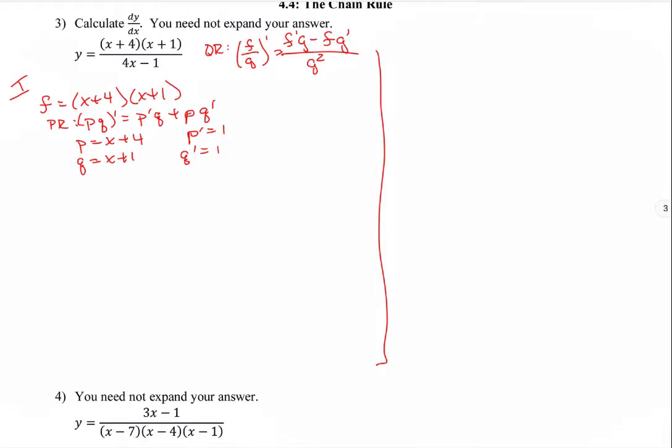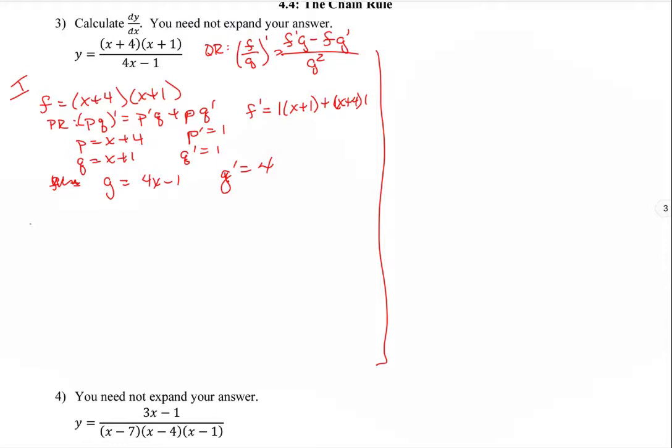So that tells me that f prime equals 1 times x plus 1 plus x plus 4 times 1. And then I have g equals 4x minus 1, so g prime equals 4.